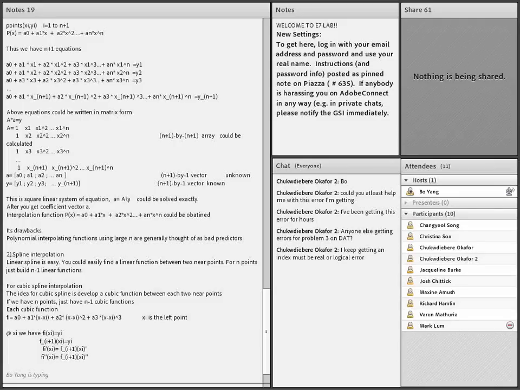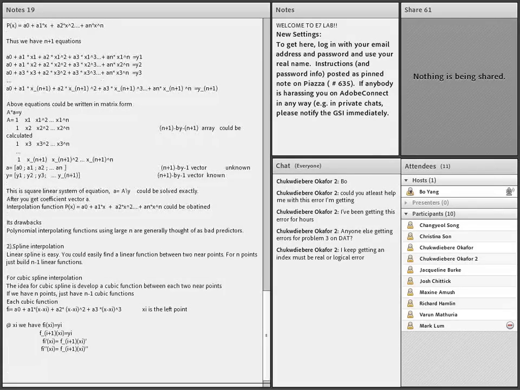To make the interpolation function smooth, first of all we say the function must pass through all the data points. So fi(xi) equals yi. Also the right side function f(i+1) should pass through this (xi, yi), so f(i+1)(xi) equals yi.